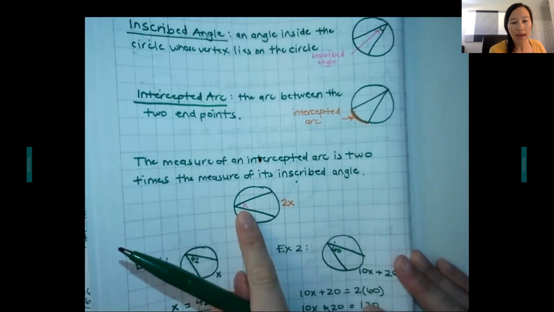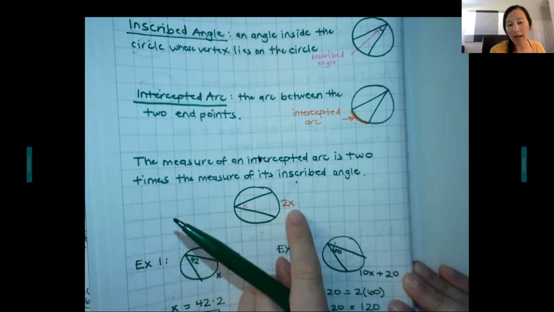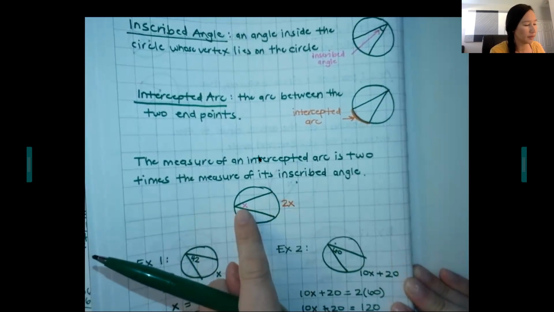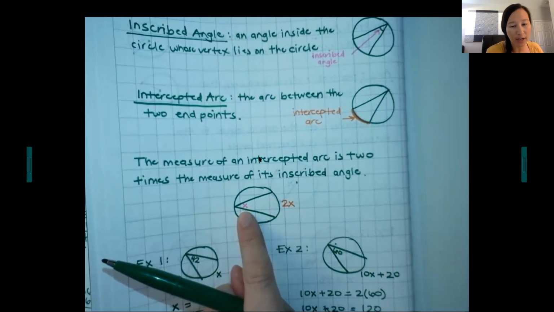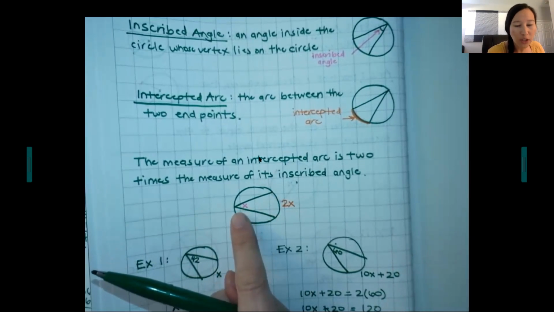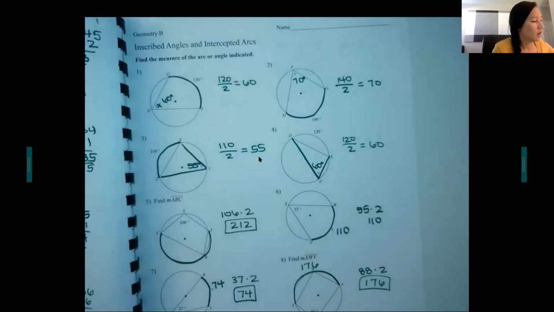If the angle's x, our arc's always 2x. It's double this angle. So that's the main thing you have to understand. Once you understand that, you can always figure out what the angle is or what the arc is.